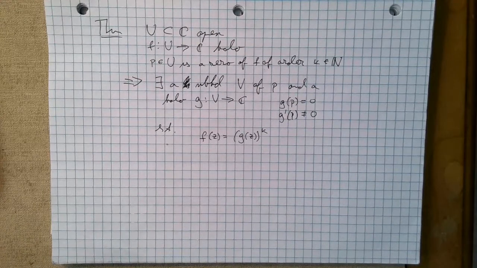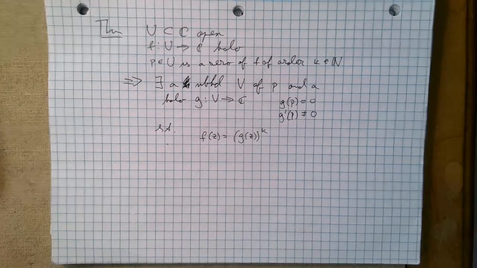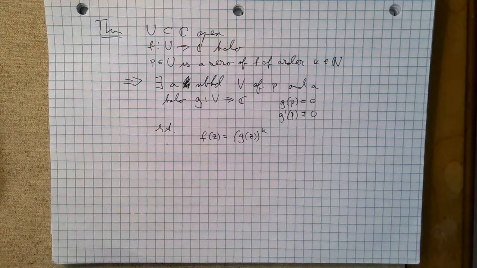So this theorem basically says that locally every holomorphic function, if it has a 0, behaves like z to the k. So if you understand z to the k, you understand holomorphic functions locally, right? It's a really strong statement.